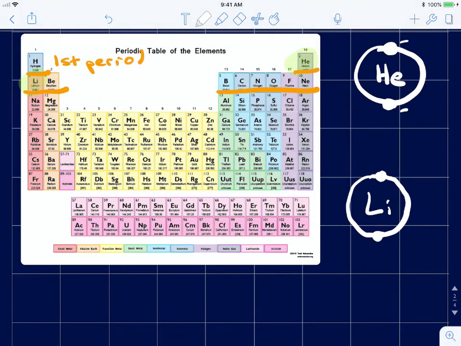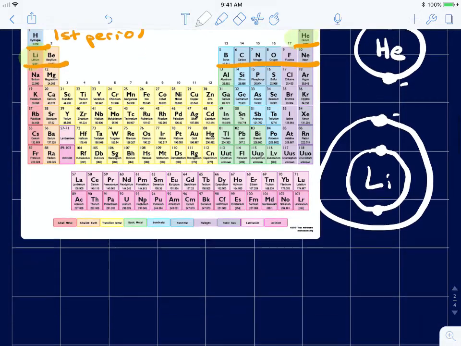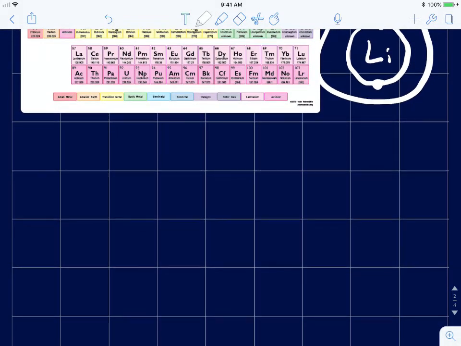So here's our second shell, and we're going to have 1 electron filled in like this. Now, I want to focus a little bit on the fact that this is our outermost shell in lithium. It has 1 electron. And we're going to give you a term here that's really important. It's called valence electrons.